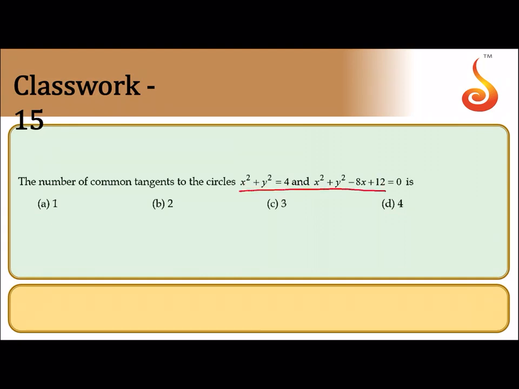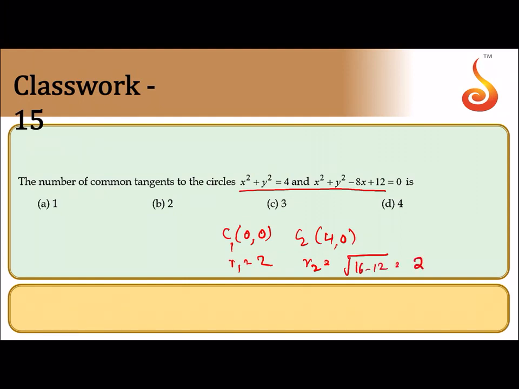So number of common tangents, same. I think you all can do it the same way. If you observe this question, touches externally, number of tangents will be 3. Touches externally because center is 0, 0. This is C1 and C2 is given as 4, 0. R1 is equal to 2.